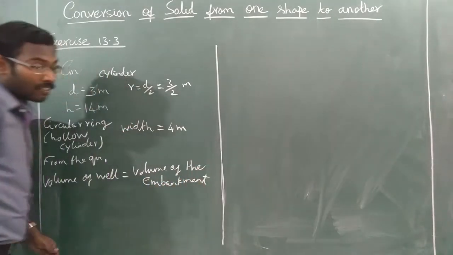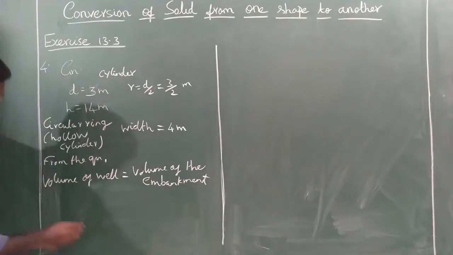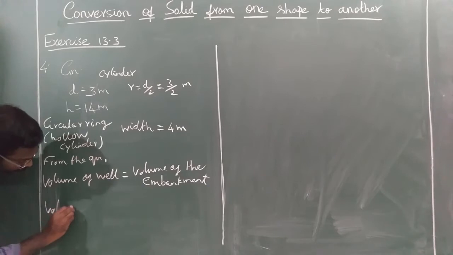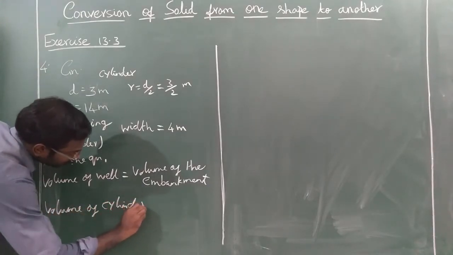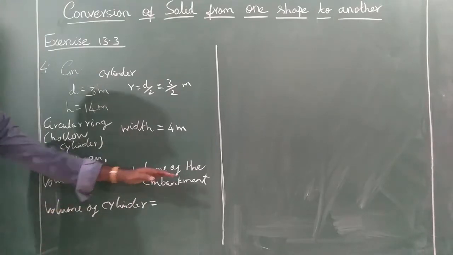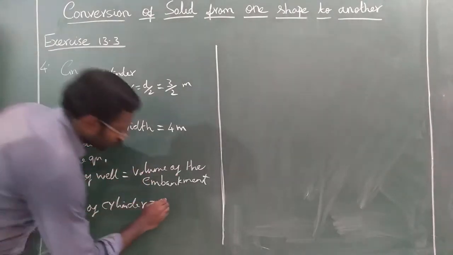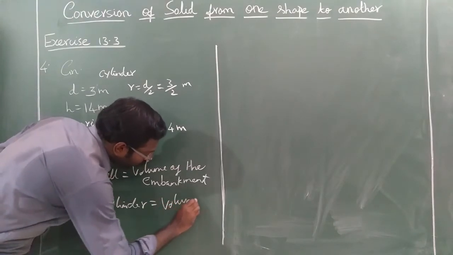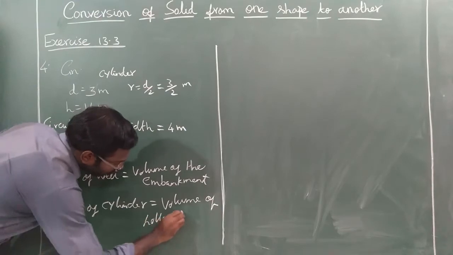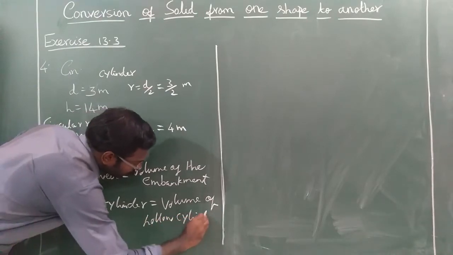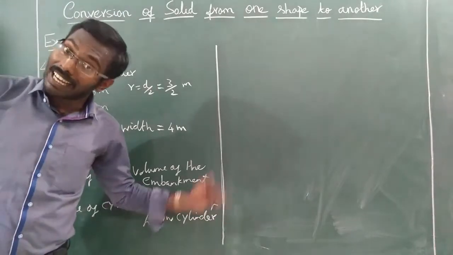Okay, that is, in other words, volume of well. Well is in the shape of a cylinder. So volume of cylinder is equal to, the embankment is in the shape of a circular ring or hollow cylinder, so it is equal to the volume of, I am using the word hollow cylinder. You can also write it as circular cylinder, hollow cylinder or circular ring.